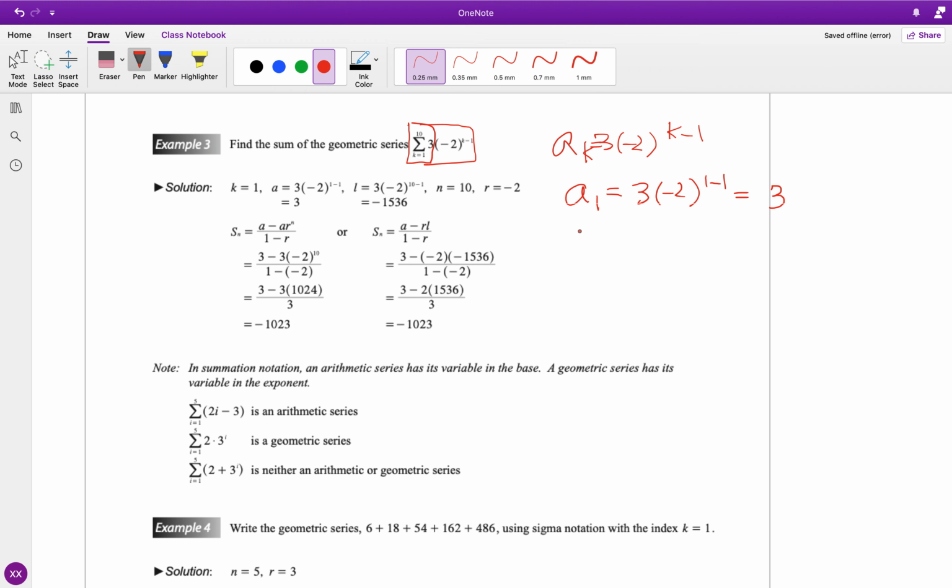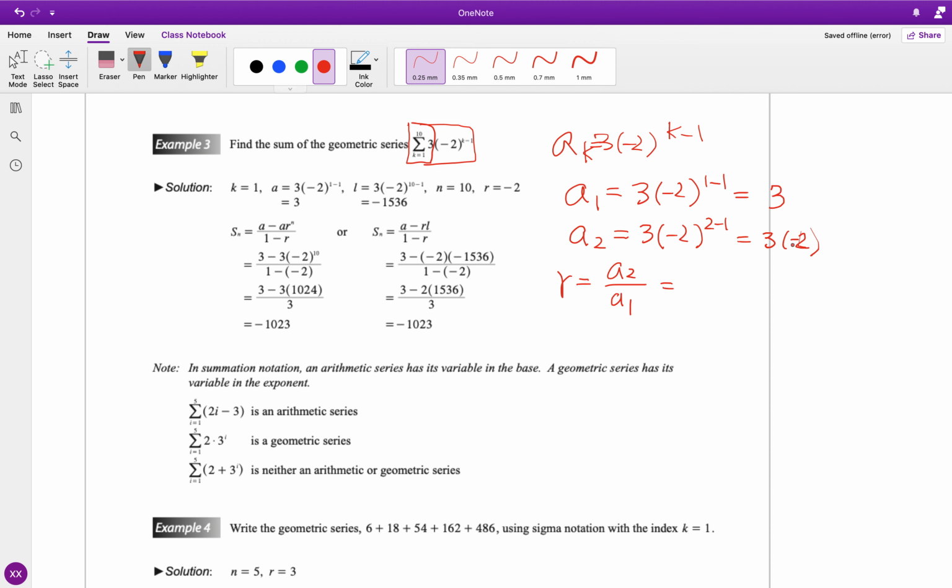Now how about my a2? a2 equals 3 times negative 2 to the power of 2 minus 1. So therefore, this one is 3 multiplied by negative 2. Now, of course, your r is a2 over a1.